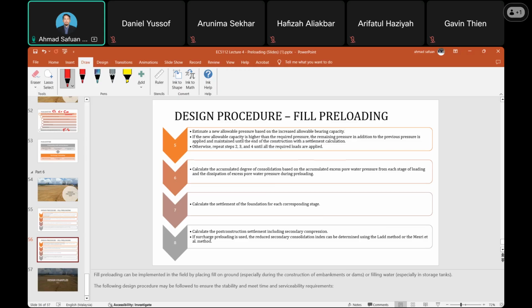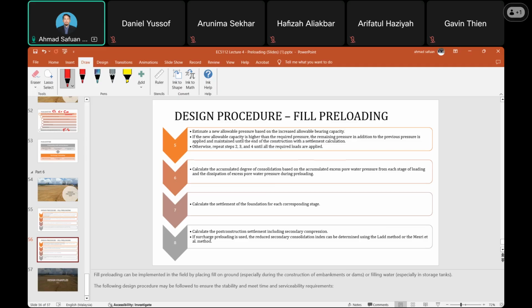So it means that it doesn't require us to have an additional preloading. Otherwise, repeat steps 2, 3 and 4 until all the required load is applied. If not, we need to have additional stage loading after that.